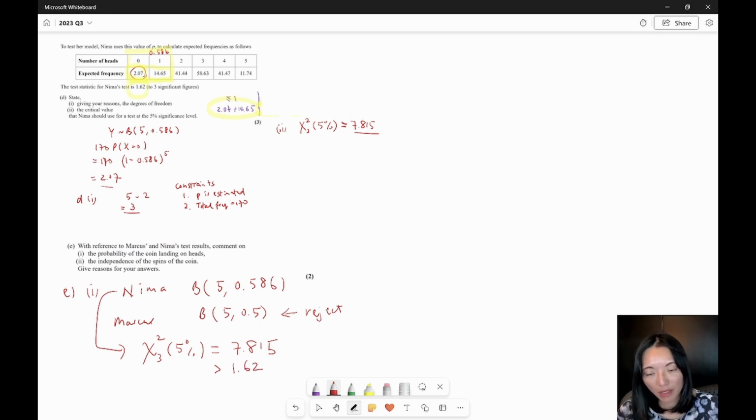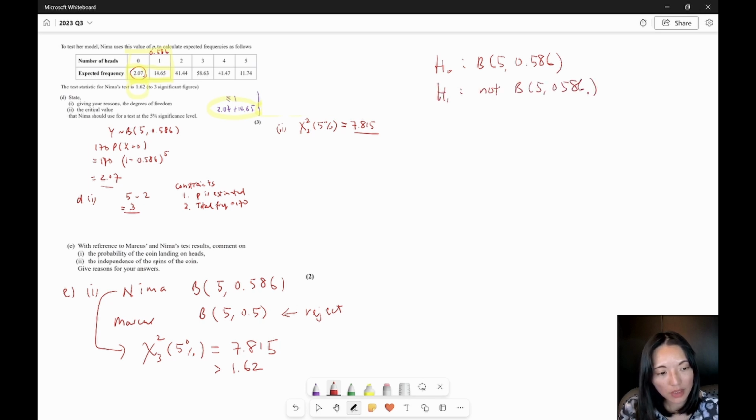Therefore, if I were to have hypotheses that H0 is binomial 5, 0.586, and H1 is not binomial 5, 0.586, then there is not enough evidence to reject H0.